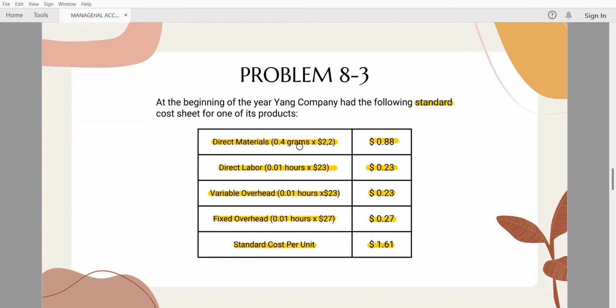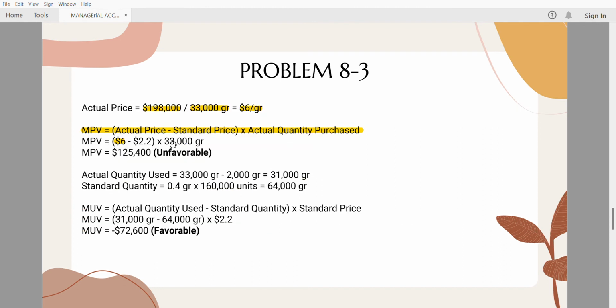For the standard price, it's stated down here that it's $2.2 per gram for one material. So one material is 0.4 grams. Okay, so minus 2.2 times the actual quantity purchased, which is 33,000 grams, and we calculate it, we get $125,400, and since it's positive, it's unfavorable.